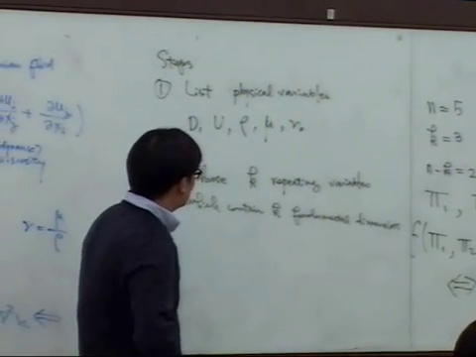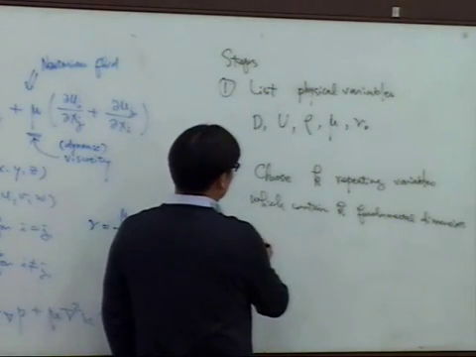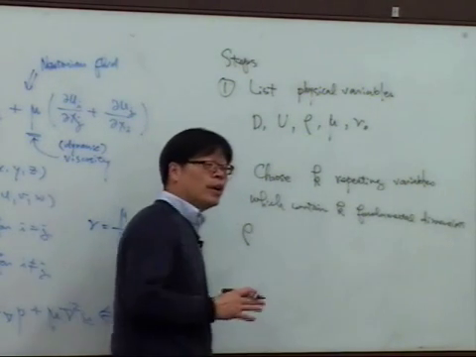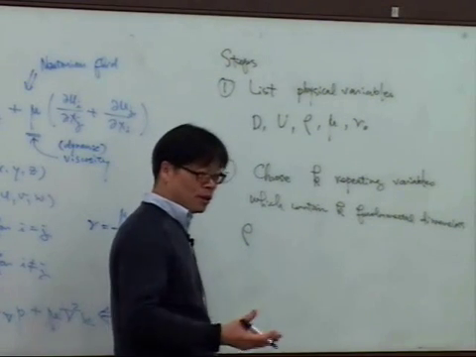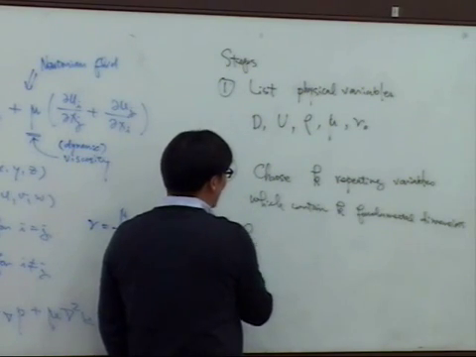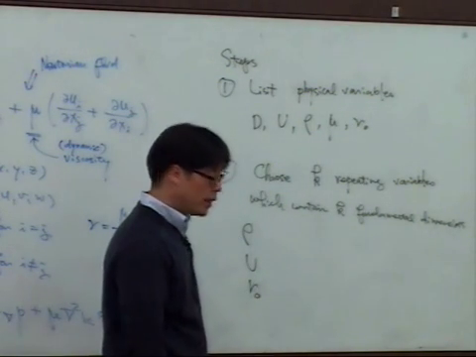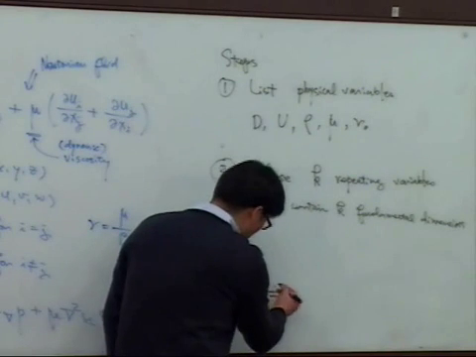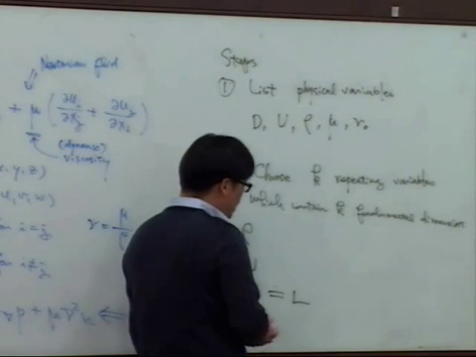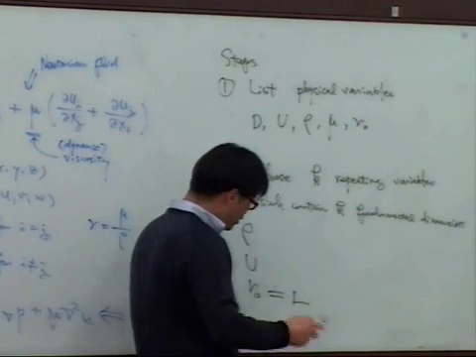Typically, let's say you choose rho. You don't have to do it this way, but this is the usual way. I choose the repeating variables as rho, U, and r naught. What is the dimension of r naught? It's a radius, L, right? I need all of M, L, T because those are my dimensions. So this variable has L. That's good.